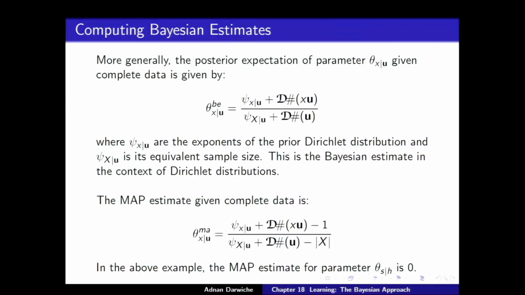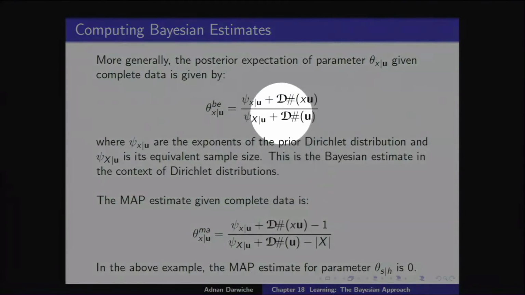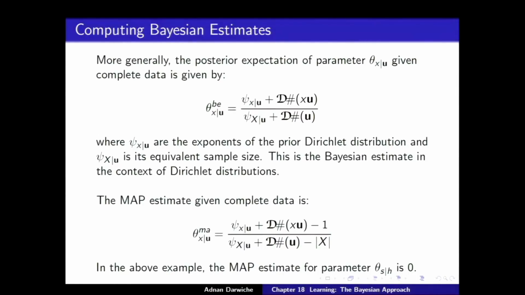Okay. Now we're going to contrast this with one more thing. You guys remember in chapter 17, we talked about maximum likelihood estimates. Do you remember the formula? The maximum likelihood estimates, empirical probability, which was what? It's this. You counted how many times x u appeared divided by how many times, and this was that.